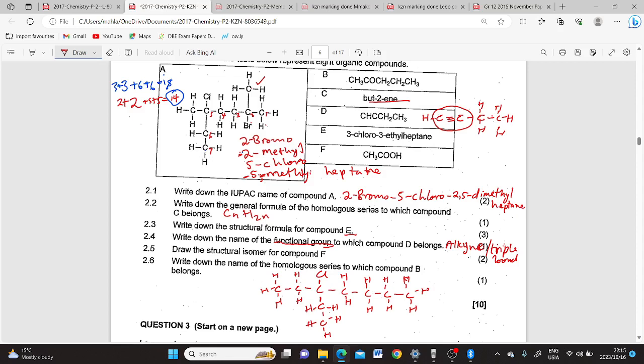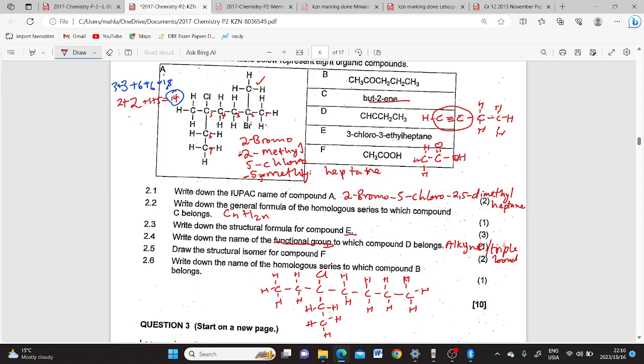Right, draw structural isomer for compound F. Yes, compound F. So the way it is, just C having 3 hydrogen atoms. The carbon will have C, and then it's not having hydrogen, so it means it's going to have the oxygen double bond 1, 2, 3, 4, and then it means the oxygen with H here.